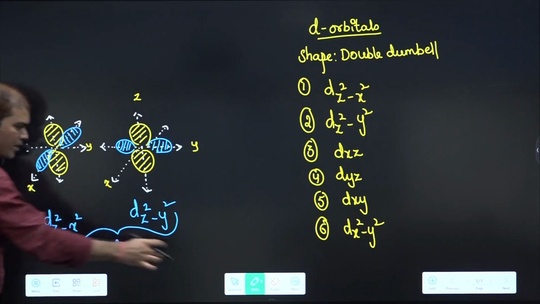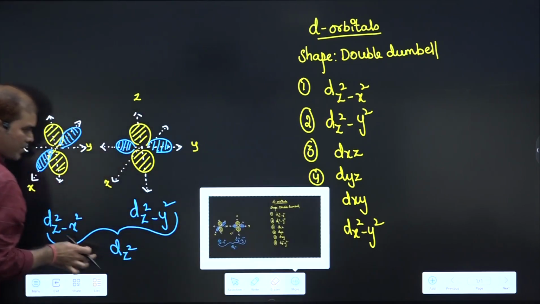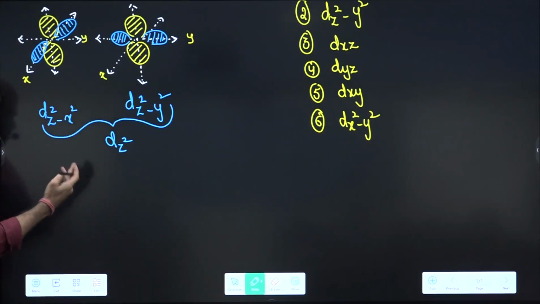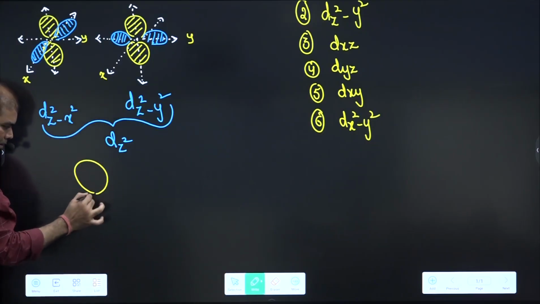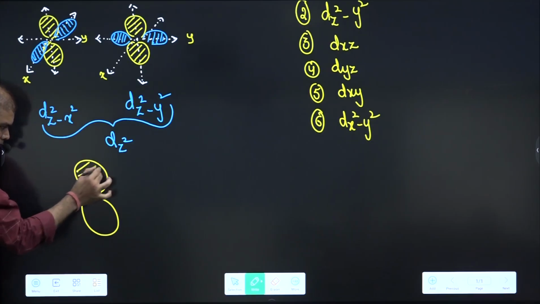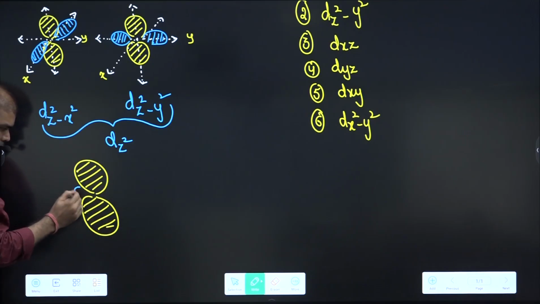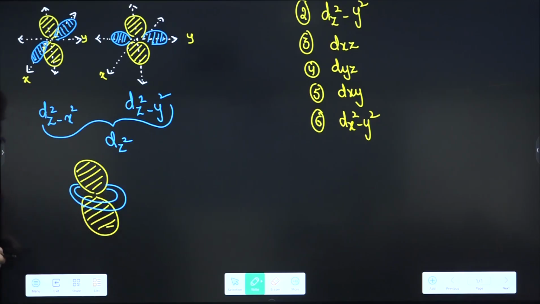So whenever we draw dz square, how do you draw the lobes in comparison with the other d orbitals? In comparison with other d orbitals, this lobe will be large along the z axis, and along x and y you will be putting a donut shaped, circular structure.